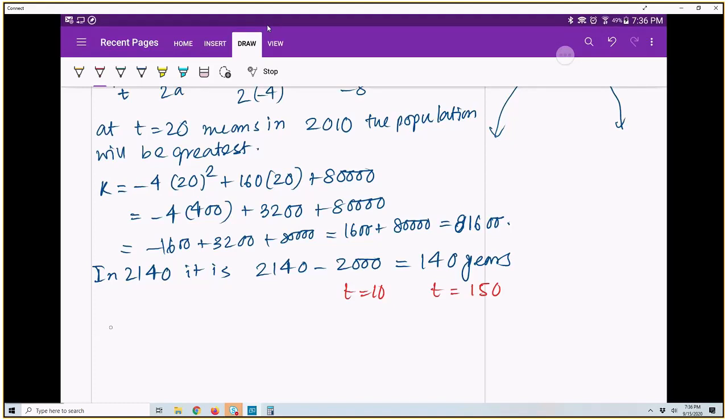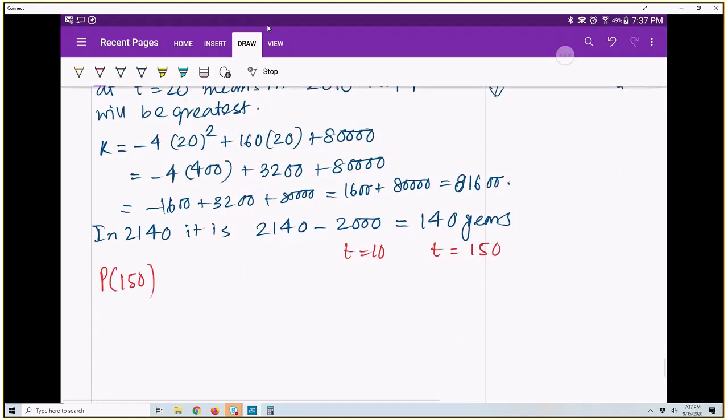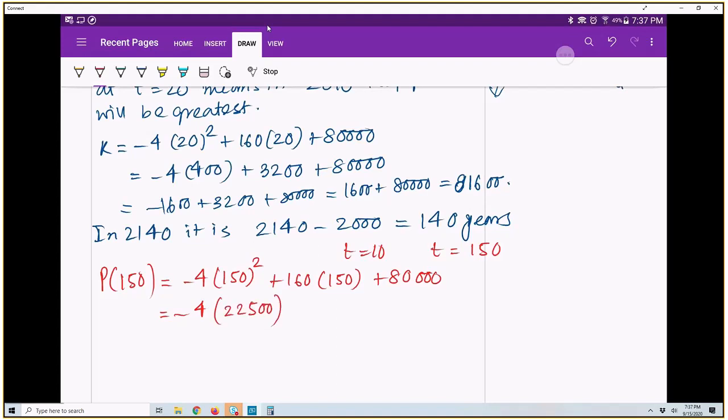So I'm going to find out P of 150, the population P of t. So we're going to get minus 4 times 150 squared plus 160 times 150 plus 80,000. I just put t equal to 150 all over. So I get negative 4 times 150 squared, which is 22,500. Let's multiply. 15 times 6 is 90, so 9 carries on. 15 times 1 is 15 plus 9 is 24, and I will get 2 more zeros.